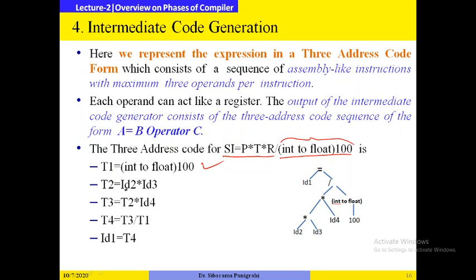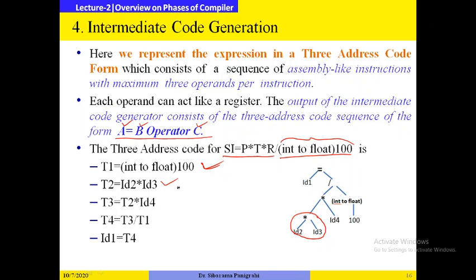Now you see T2 equal to ID2 into ID3. The intermediate representation has the form A equal to B operator C. Why is it called three address code? Because there are three addresses A, B, C. So ID2 multiplied by ID3 will be done first.